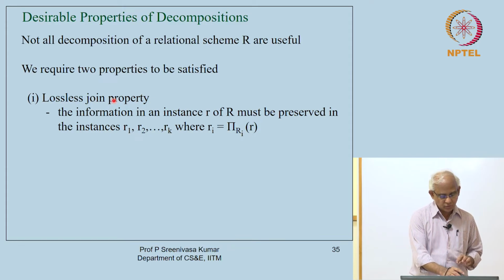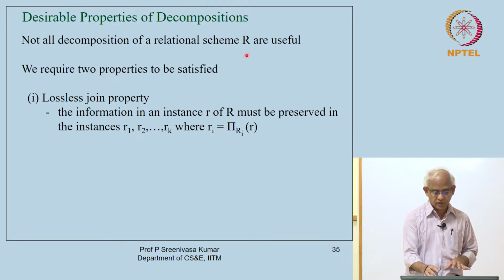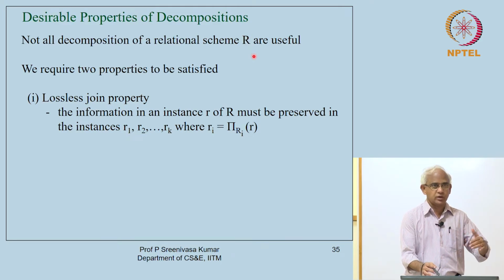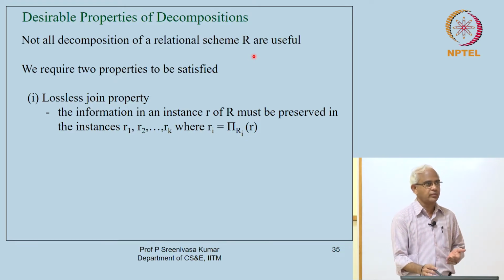What we require here is that whatever information was present in R, any instance of R on the original scheme, if you decompose the relation scheme R into say R1 and R2, what will happen to the data?